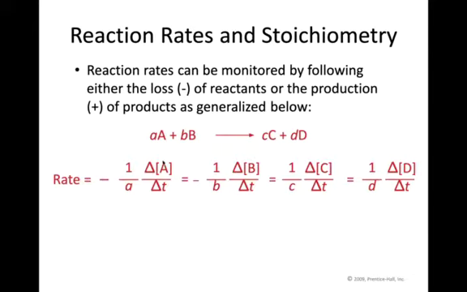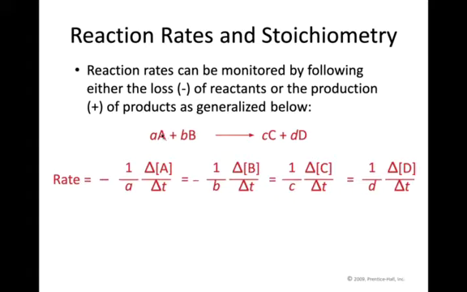And the reason these are equal is because, as we could decipher from this equation, if A disappears at a certain rate, B must also be disappearing at a rate relative to that. C and D must be appearing at a rate that's related to the disappearance of A, and they're all related by their coefficients. So for the sake of this argument, just assume all the coefficients are 1.